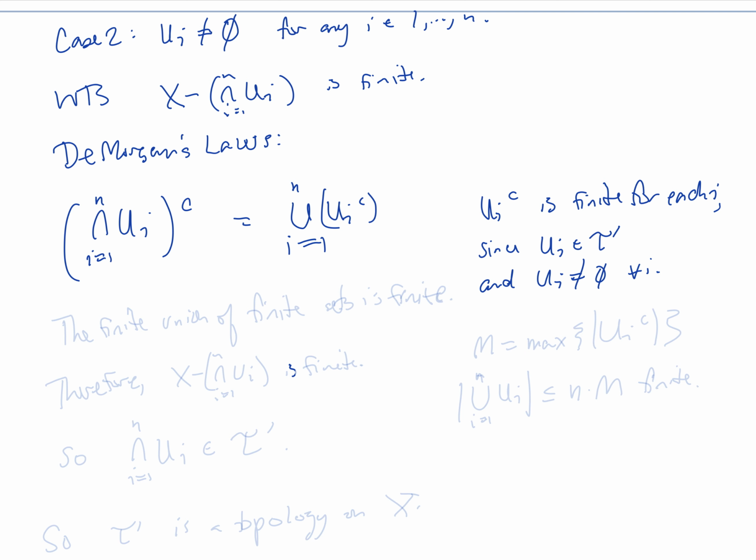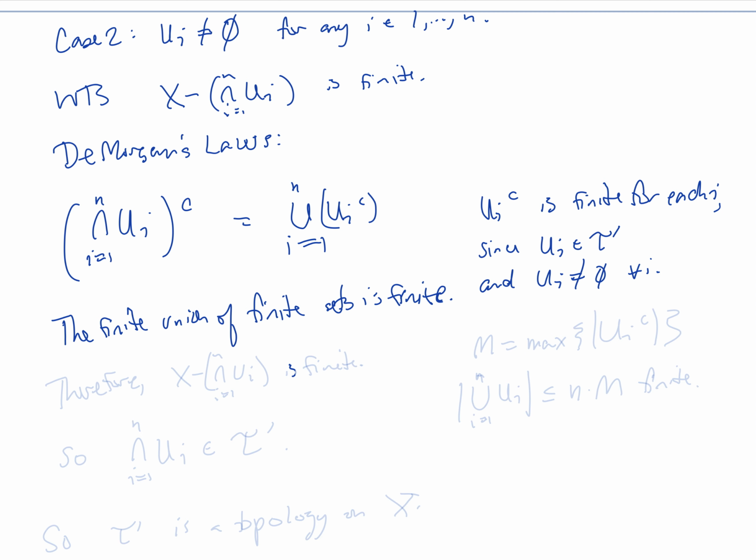If it's in tau prime, it either must have a finite complement or be the empty set. Not the empty set, so they each have finite complements. We know that the finite union of finite sets is finite. We proved that as well earlier in the course.